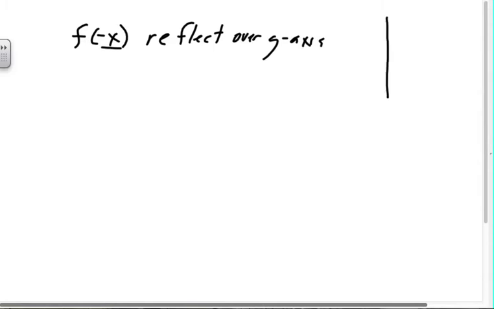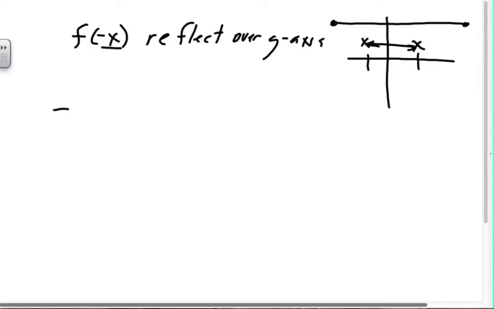And the reason it does that is, let's say that was my x value right there. By changing it, I'm just going to move it over here. And you notice this is a reflection over the y-axis, because all we're doing is changing the signs. Conversely, if this was my point, then I would reflect it over to there, which is just changing the sign.